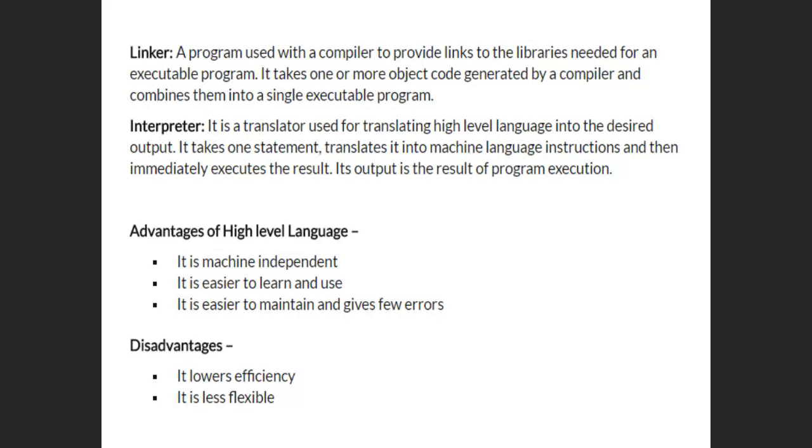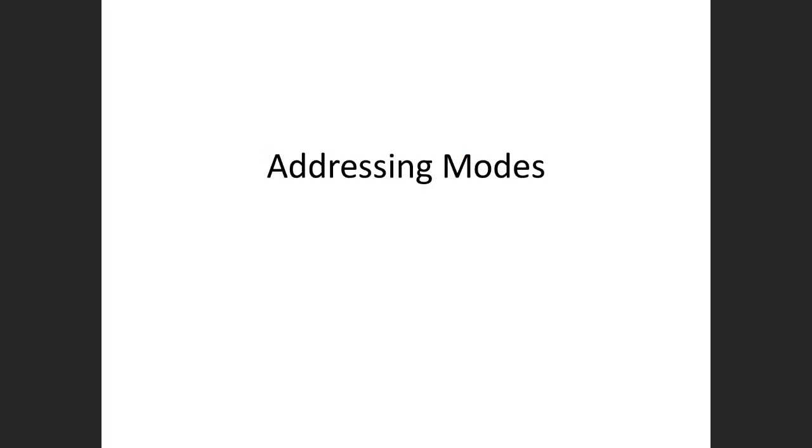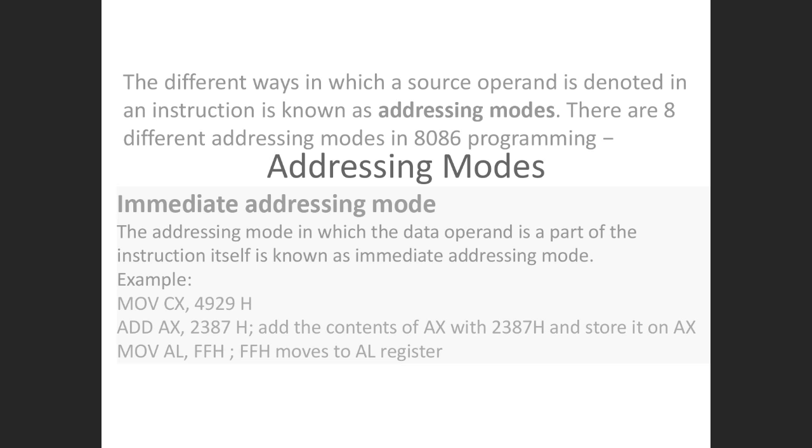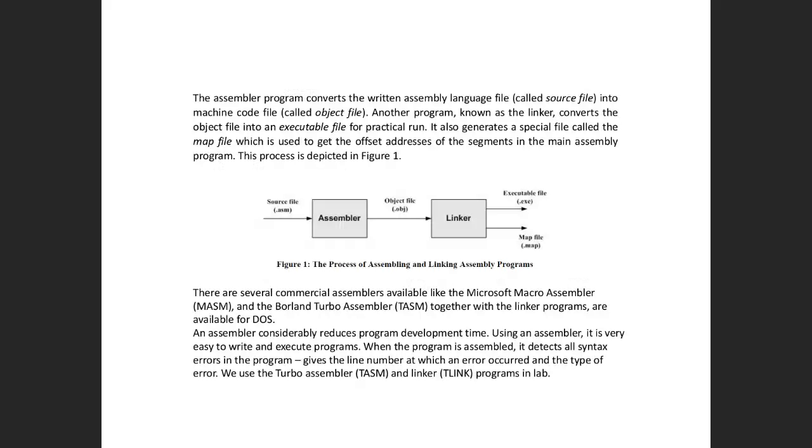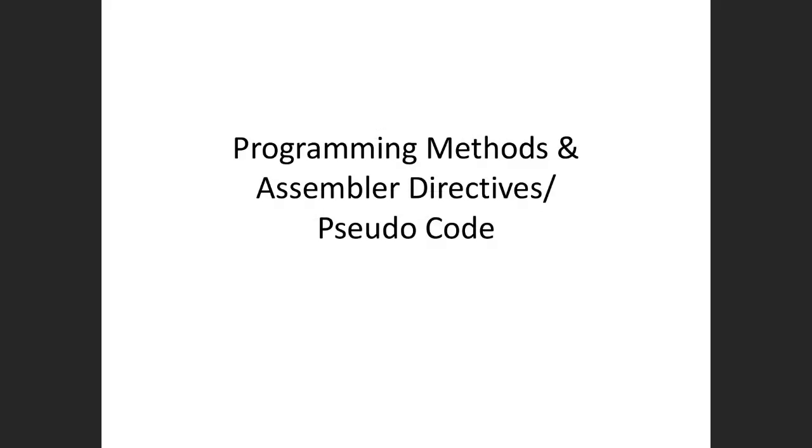Yeah. And we can see some example here. So now this is our main theme, addressing mode. Okay, before addressing mode, I'll discuss something that I also discussed in the lab, the programming method.